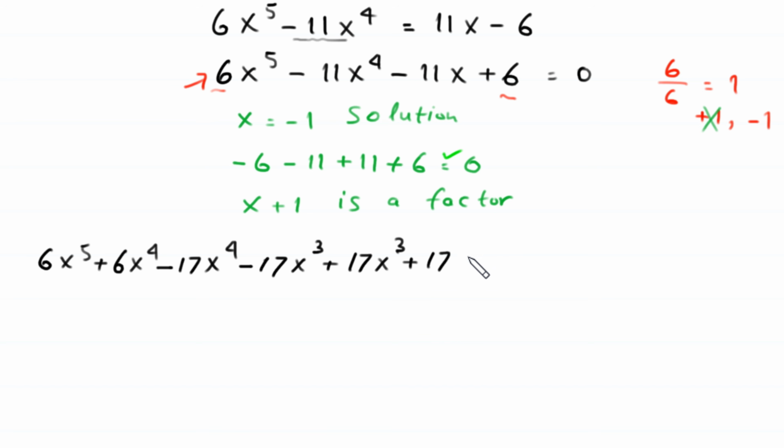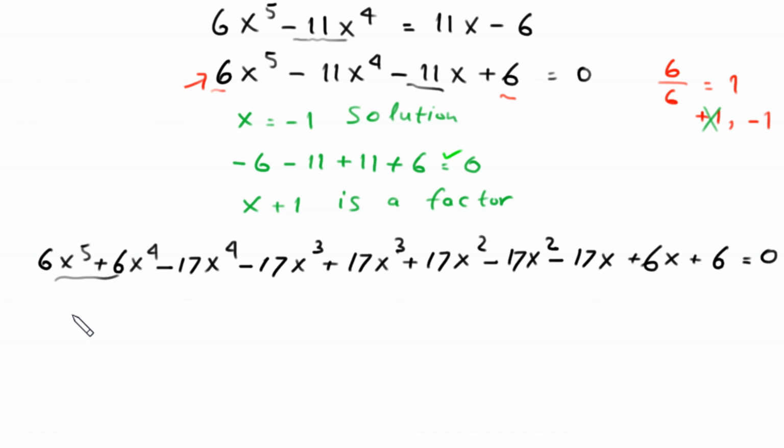We add 17x squared and we subtract 17x squared, and we write this negative 11x as negative 17 times x plus 6 times x, plus this 6 equal to 0.